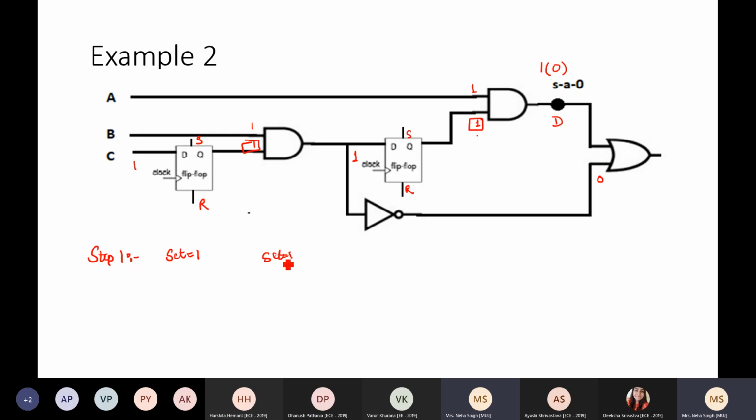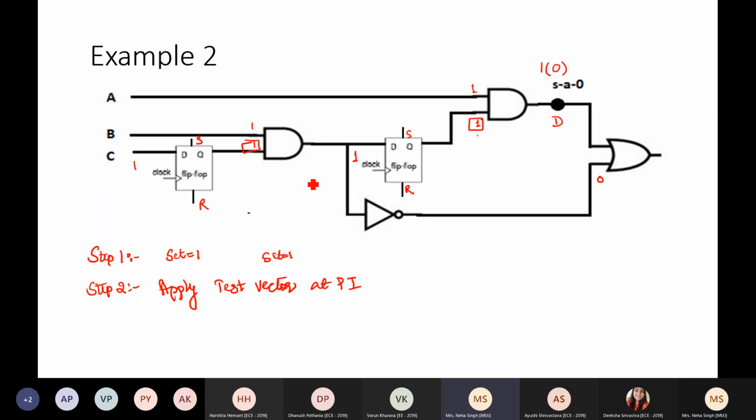When I have put both the values as set equal to 1, the output will be set at 1, and now I simply apply my test pattern or test vector at the primary inputs. So only one test pattern needs to be applied at the primary input to test my circuit now.